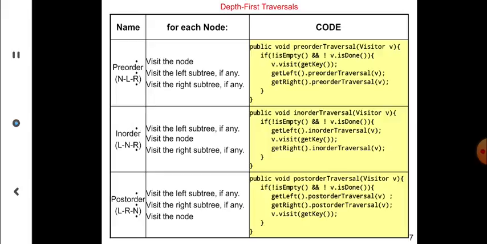In-order we visit the left subtree, then node, then right subtree. And post-order we visit the left subtree, then the right subtree, and then finally visit the node. So this traversal is a recursive implementation. Recursive function calls are very important here, and I will show you in C code how we do it.